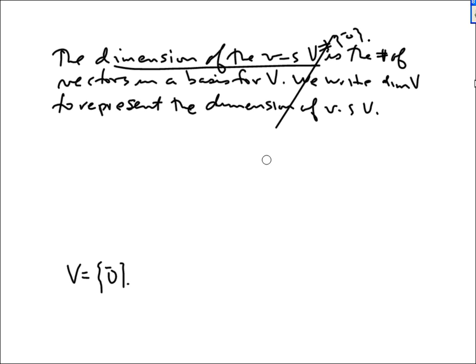It's the number of vectors that are required to make up the basis. All bases for V have the same number of elements. Okay, so now, what about when V is 0?